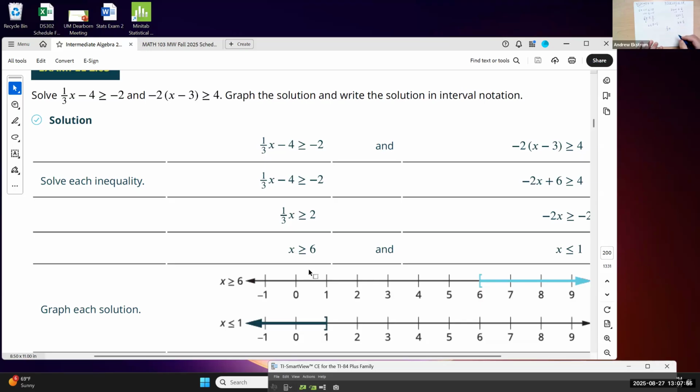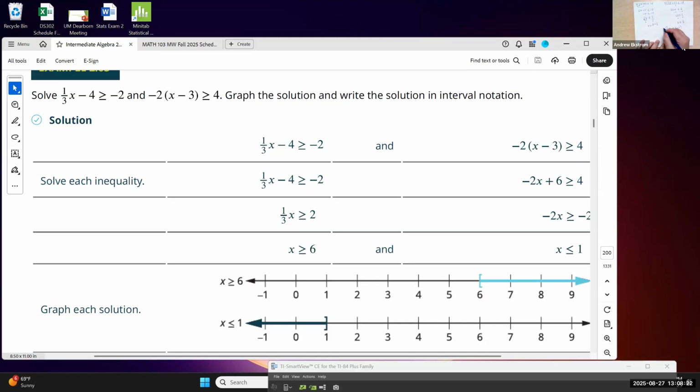So 1/3 x minus 4, and that has to be greater than or equal to -2. So again, this does actually add an extra step in, but if you have a lot of really horrible fractions, this can actually help you out a little bit.